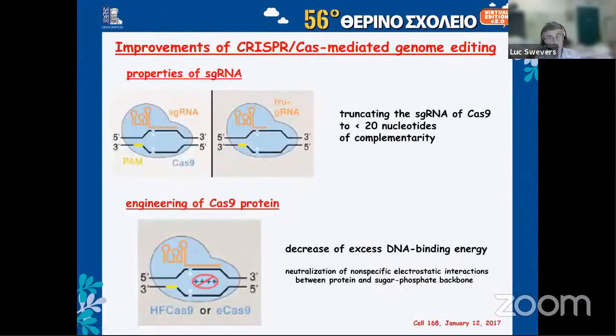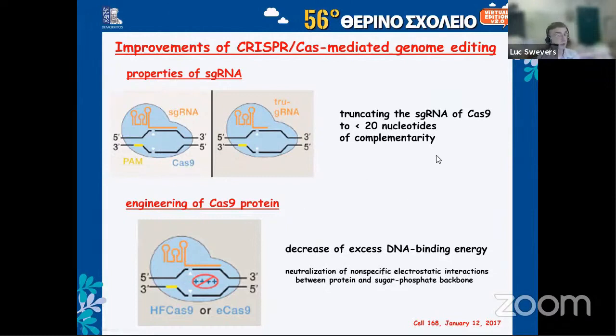There are a lot of efforts to improve the specificity of the CRISPR-Cas system, including improvements in the properties of the single guide RNA. One important discovery was that truncating the size of the single guide RNA to less than 20 nucleotides can increase the specificity.